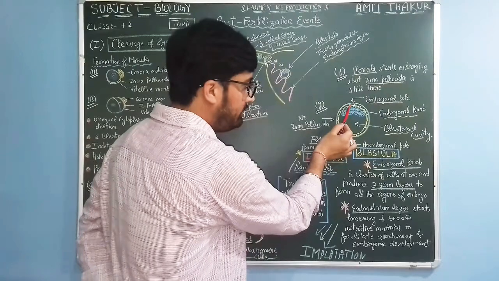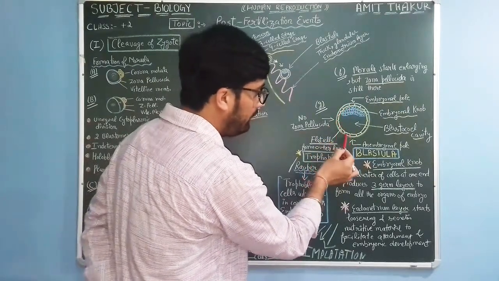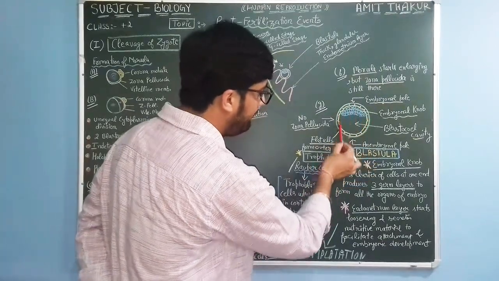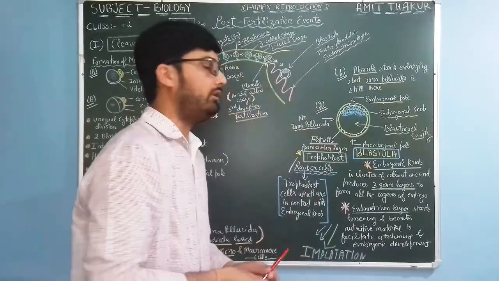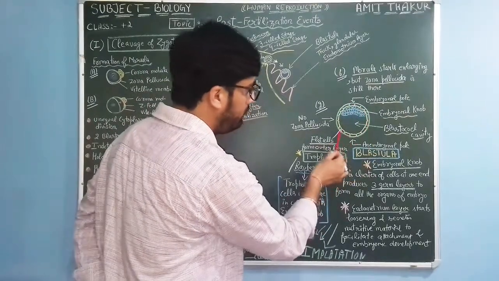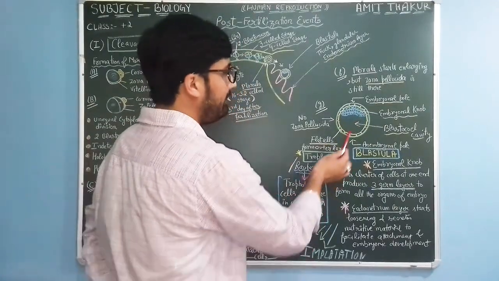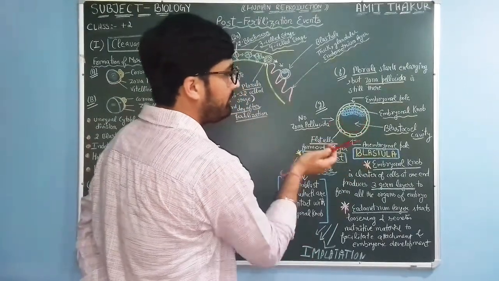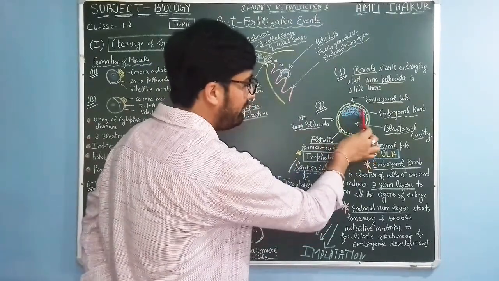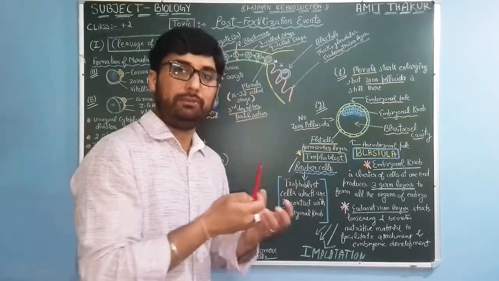So this is the blastula stage. You can see these are flat cells, the outline cells. This outline is made of flat cells, and these flat cells are known as trophoblasts. Inside, this upper end or embryonal end is actually filled up with a cluster of cells.